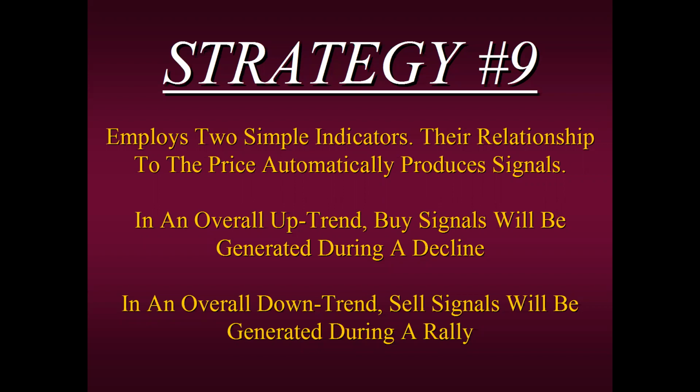Now, their relationship to the price of whatever you're trading, that's what automatically produces the signals. So therefore, in an overall uptrend, the buy signals will be generated during a decline. And in an overall downtrend, the sell signals will be generated during a rally. But see, the beauty of strategy number 9 is it can discern when there's a moderate, a large, or a small bounce or rally, or a moderate, large, or small sell-off, okay?